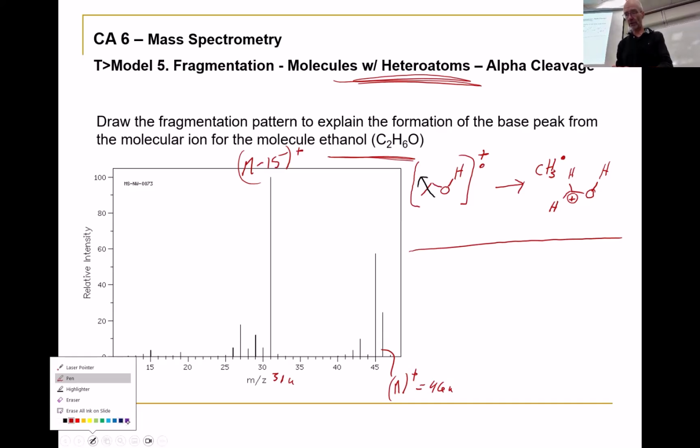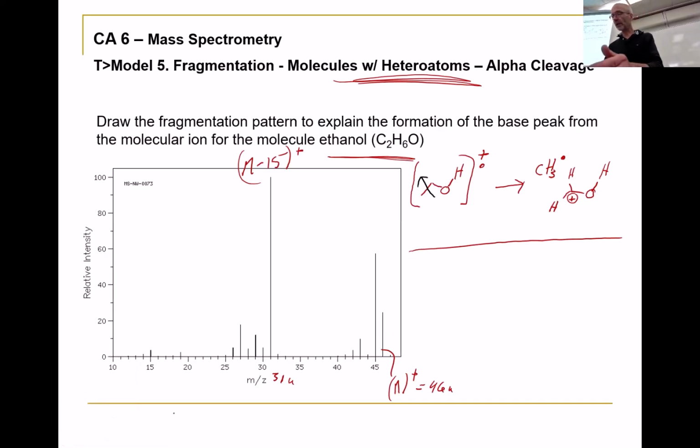So this time let's start from a more sophisticated version of the radical cation based on what you know happens with heteroatoms. So instead of just doing this more generic thing, where would we expect the radical and the positive charge to be?